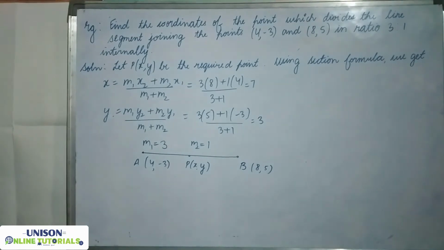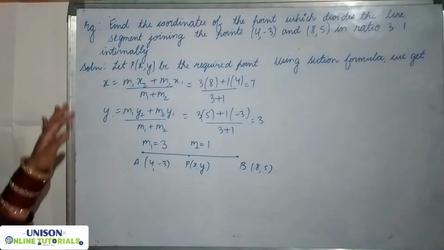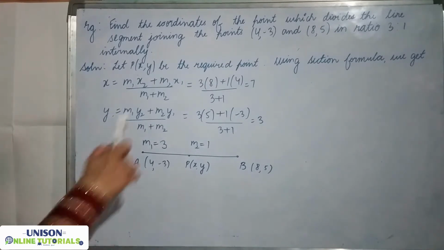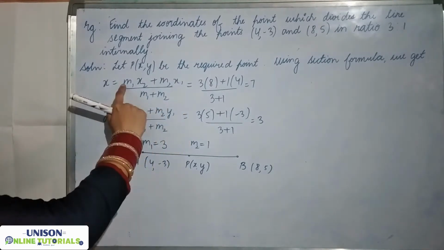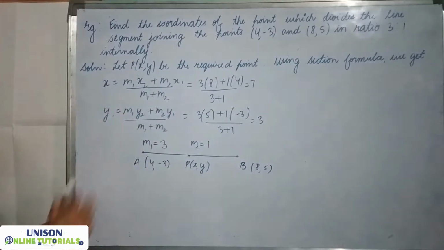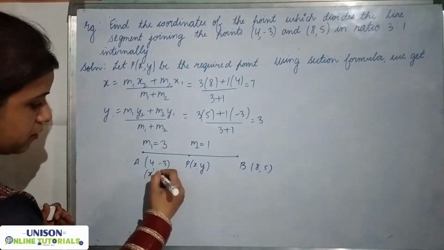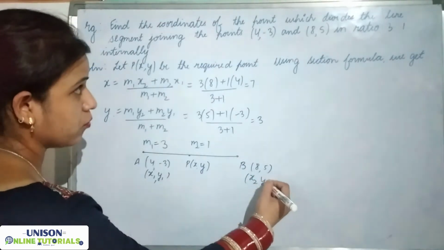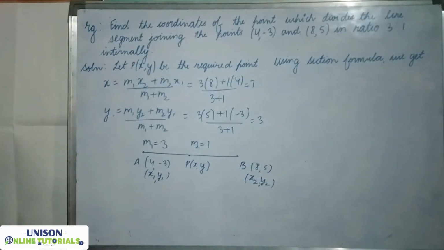Now using the section formula, that is x equals (m1 x2 plus m2 x1) by (m1 plus m2). Put the values: this is x1, y1 and this is x2, y2.